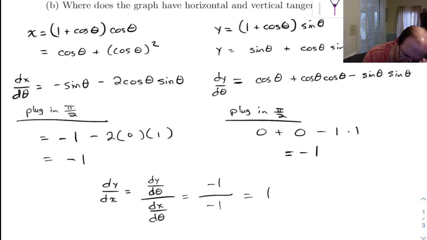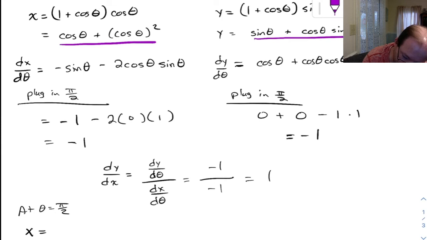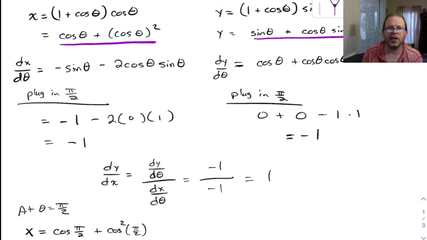All right, now we've got to figure out what the x and y coordinates are. At theta equals pi over 2, the x coordinate, I'm going to go back in and plug in to here and then into here. So the x coordinate is going to be cosine pi over 2 plus cosine pi over 2 squared. What is cosine of pi over 2 though?